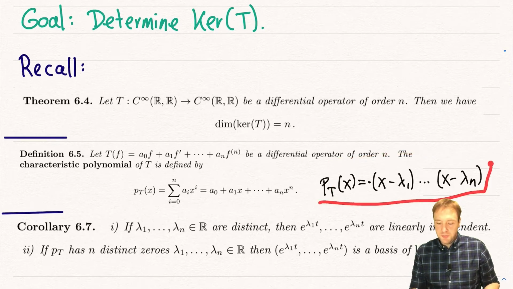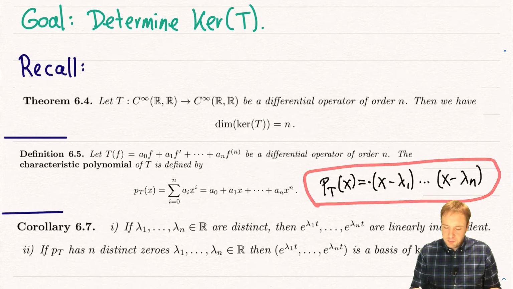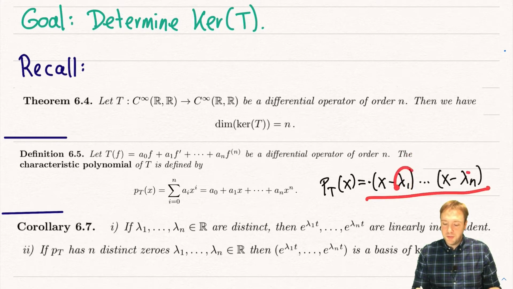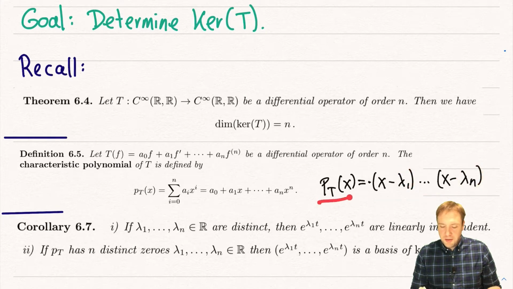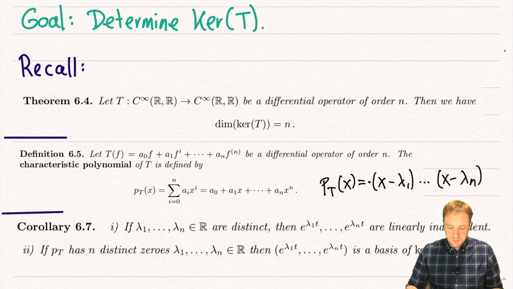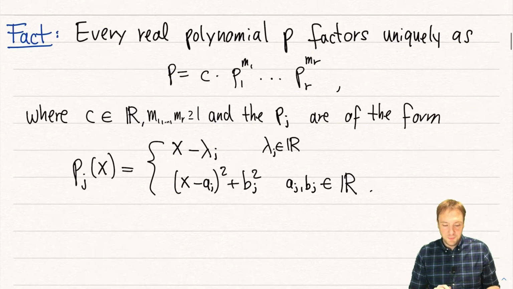And today we want to see what happens if the polynomial not just has this shape, but maybe also has some powers here, meaning this zero has some multiplicity. But also we know that if we just allow real numbers, then not every real polynomial can be written like this.